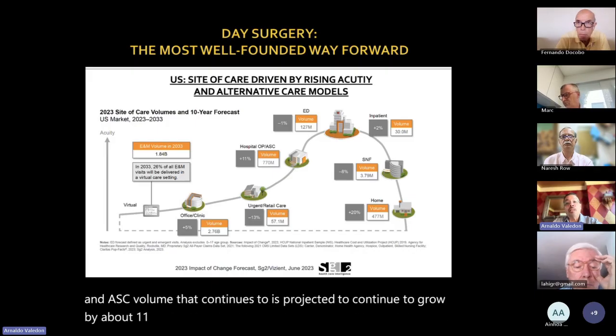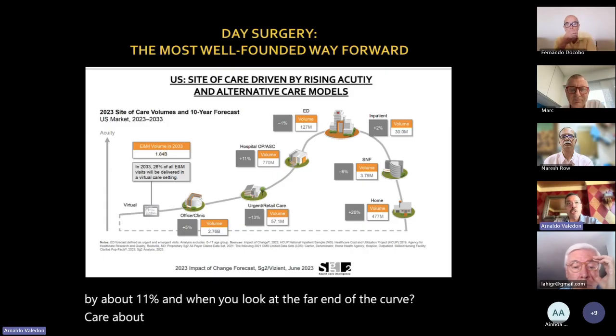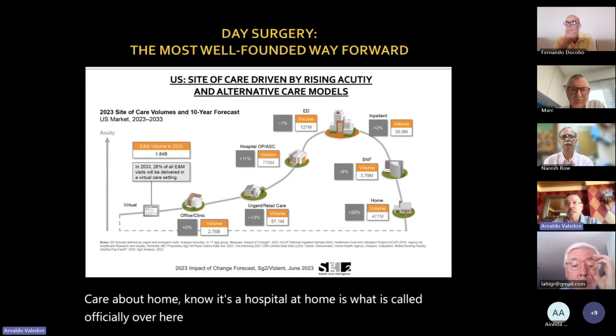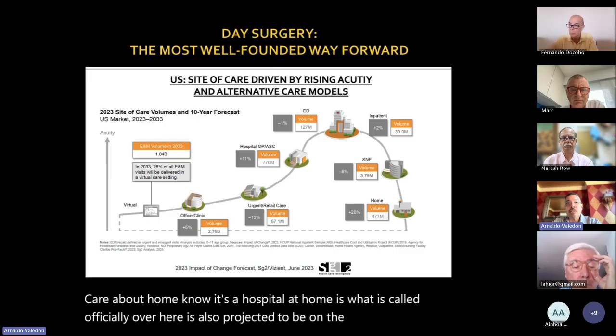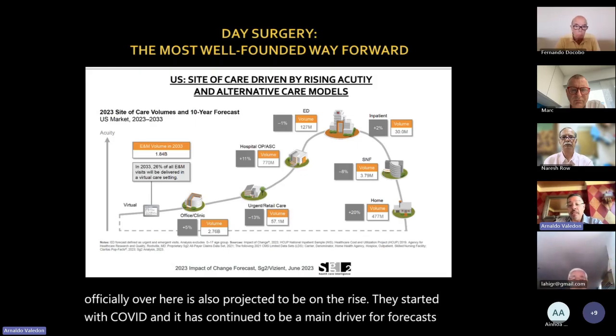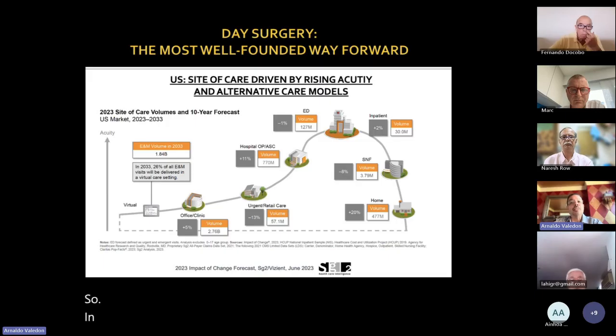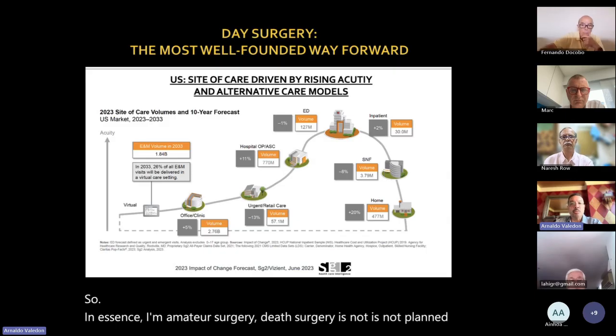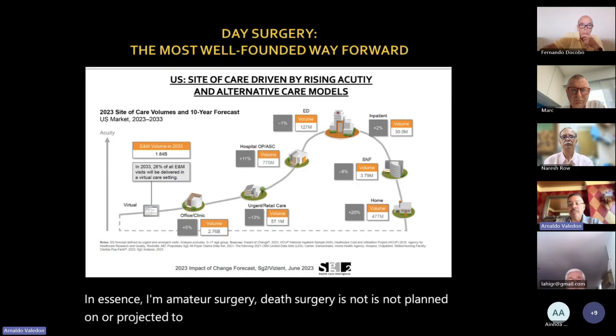And when you look at the far end of the curve, care at home, hospital at home is what is called officially over here, is also projected to be on the rise. This started with COVID and it has continued to be a main driver for the forecast. So in essence, ambulatory surgery, day surgery is not projected to be slowing down anytime soon.